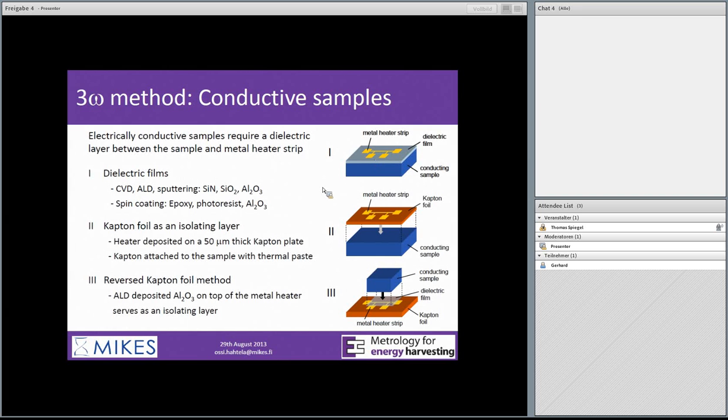To avoid these problems, we started using Kapton foil as an isolating layer. In this case, the Kapton foil works as a substrate for the metal heater strip, and it also provides electrical isolation for the measurements. So we measure thermal conductivity through the Kapton foil.